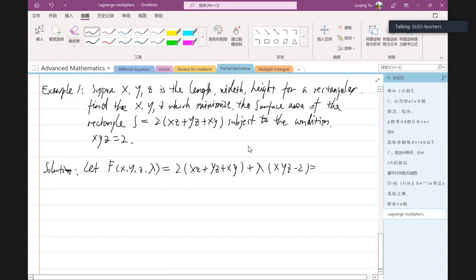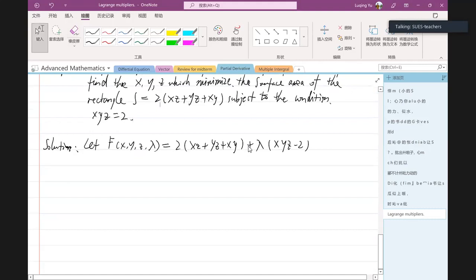So we are constructing the Lagrange multiplier function.